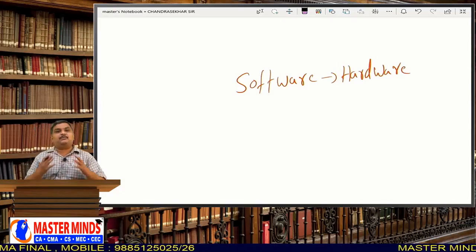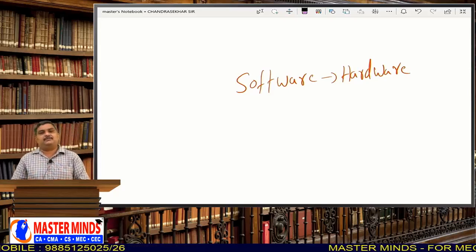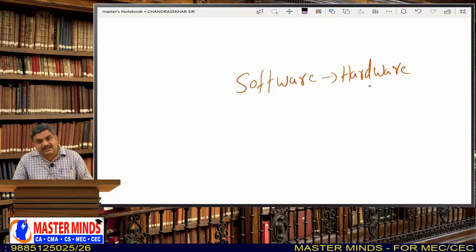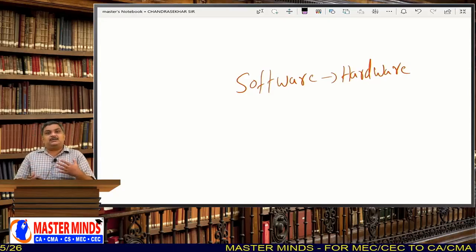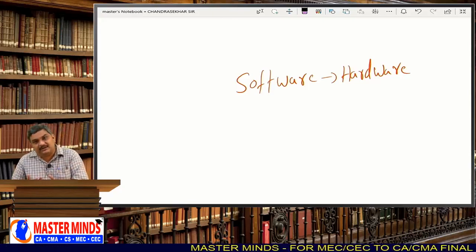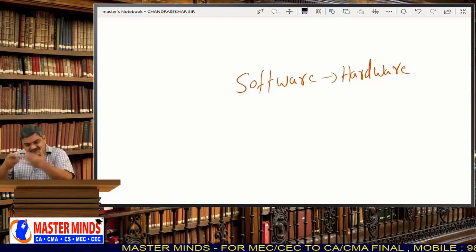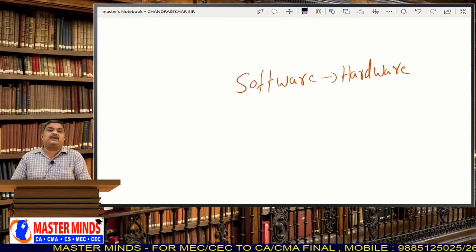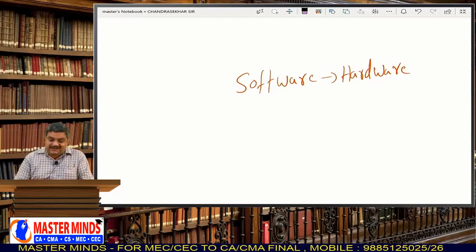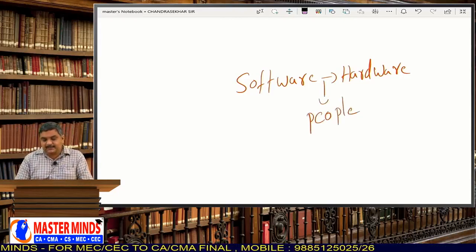Hardware and software are complementary to each other. So there should be hardware for the software to function. Means another component came. And there should be people to join this software and hardware. There should be people to write the software, there should be people to construct the hardware, and there should be people to join both hardware and software. That means another important component, that is people, is required.